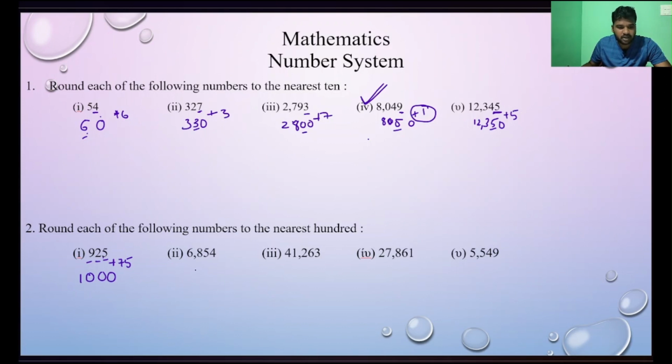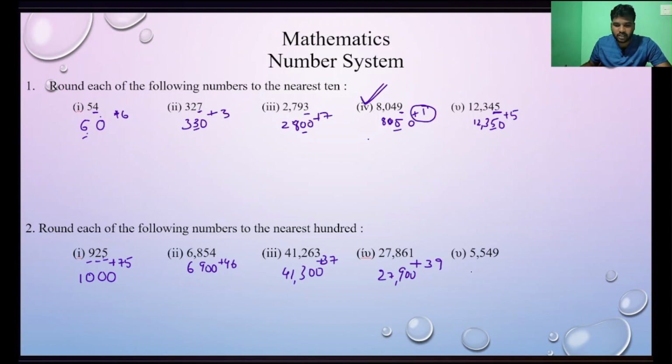Similarly, for this value we should add how much? 6900, how much became plus 46? 41,300, how much does it become? 37 plus 37, right? Now 27,900 here, right? How much is needed for 27,861 to become 27,900? 39 is needed for 27,900.